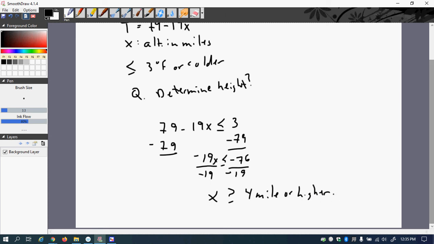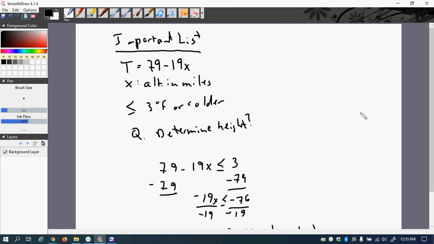This is a typical problem that you would actually have to solve with a word problem like that in your homework, quizzes, and everything. So make sure that when you are solving these problems, you do go ahead and create an important list, because most students, including myself, I don't really know how to write my inequality or equation until I have my list written down so that I can go, okay, what does this mean, and so forth.